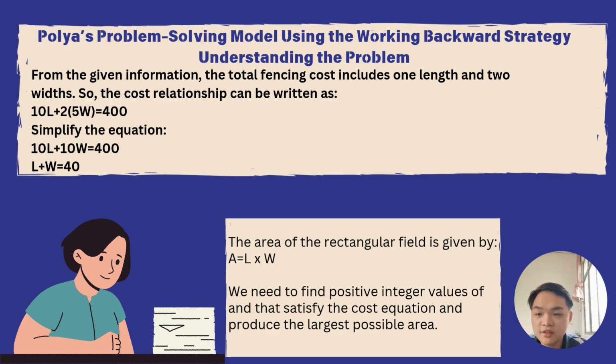We can simplify the equation to get 10L plus 10W equal to 400, and L plus W equal to 40. The area of the rectangular field is given by A equal to L times W, and we need to find the positive integer values of L and W that satisfy the cost equation and produce the largest possible area.